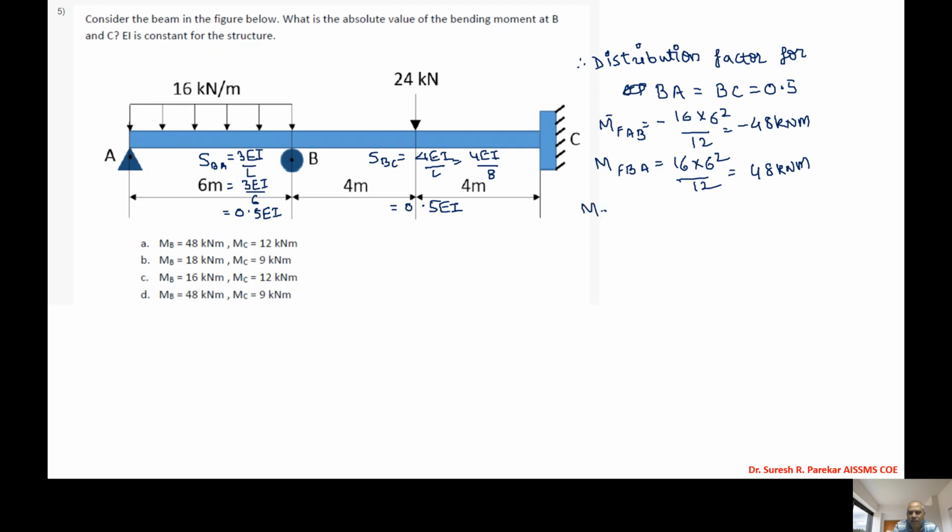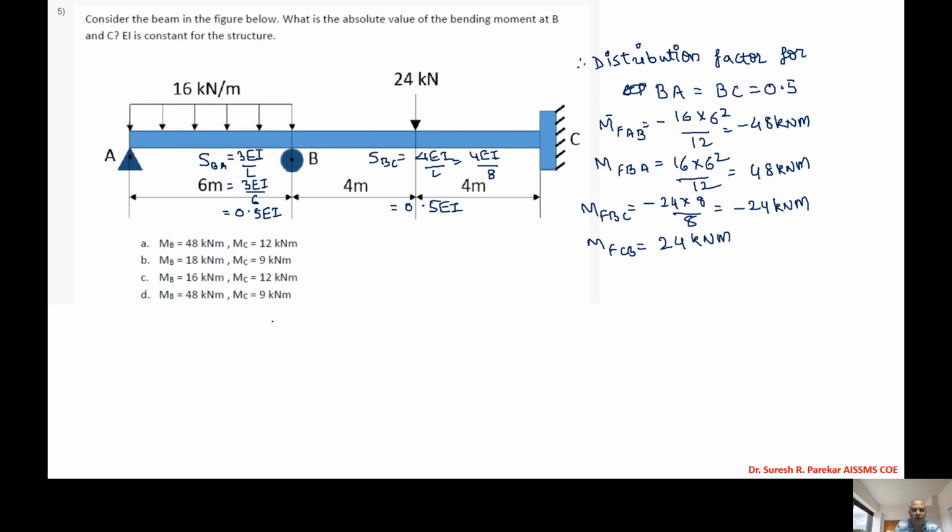Then we have MFBC, minus WL by 8, and that is minus 24, and MFCB we have 24 kilonewton meter.